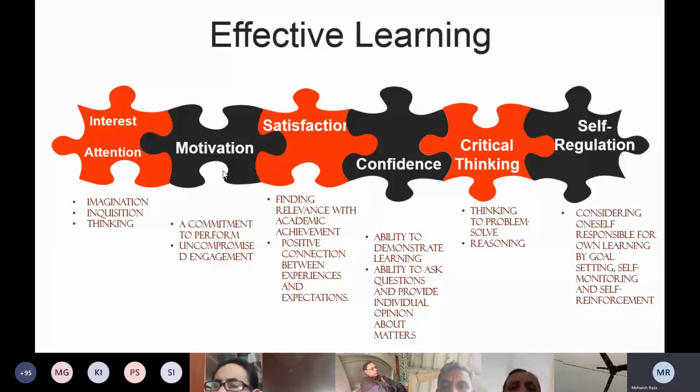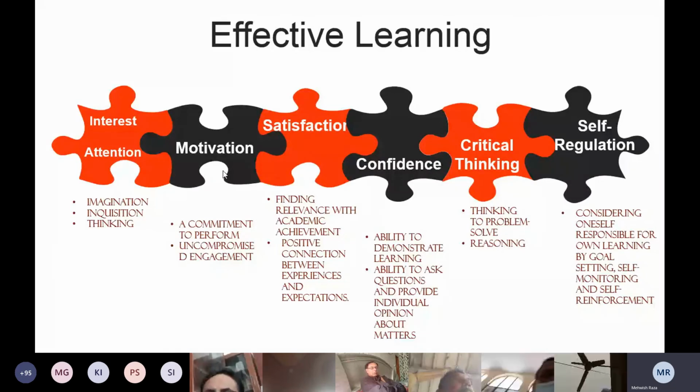And finally, your teaching should promote a sense of self-regulation. Your teaching should promote this sense of responsibility among students, that they feel responsible for their own learning. They should feel responsible to set goals for their self-development, for their academic development. They should be able to monitor their progress and to self-reinforce learning concepts.